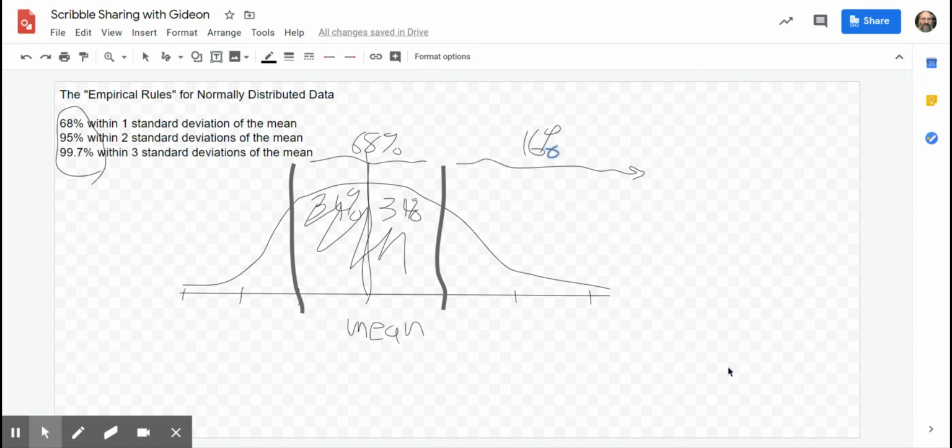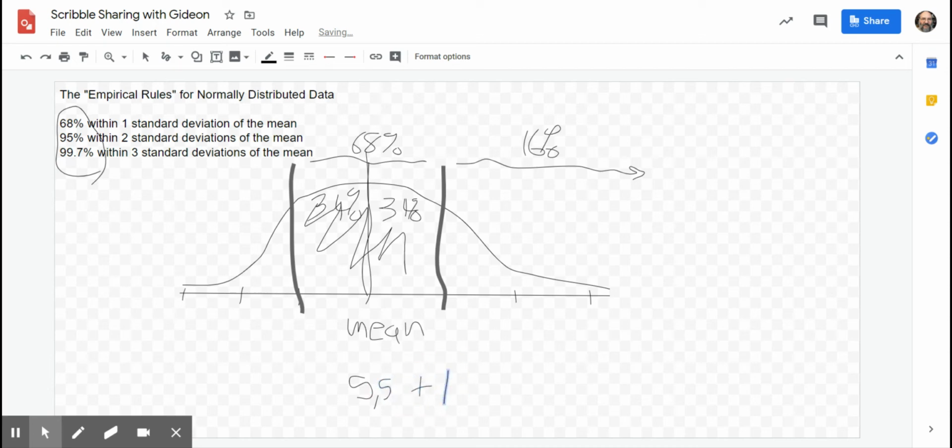So ask it the other way. How long do the top 16% of sleepers sleep? Sleepers that are WGU students sleep in hours. We're making up numbers here. 5.5 is the mean, and I said that the standard deviation is 1. And that's all we need.